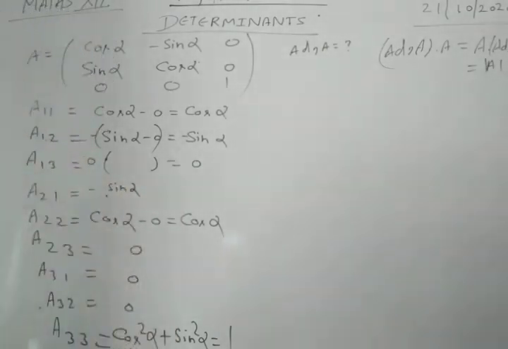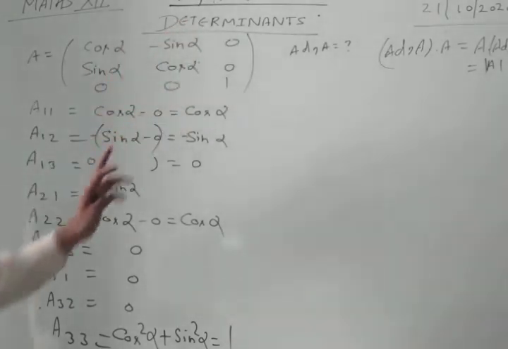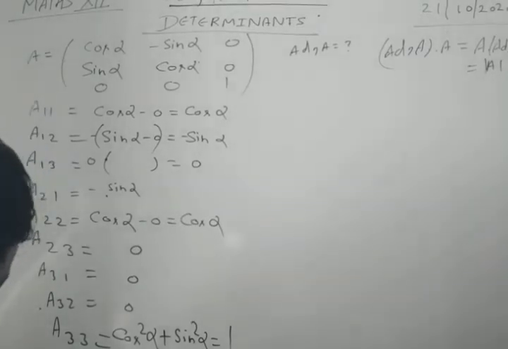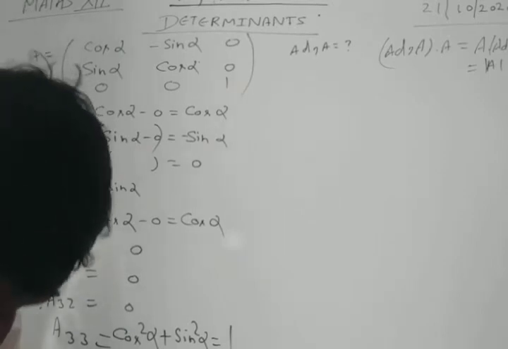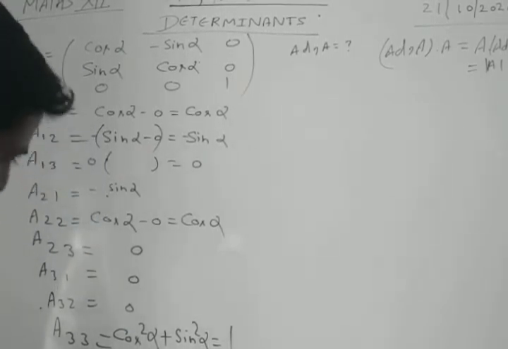And A22 is cos alpha minus 0, so cos alpha. A31 is 0, A32 is 0, and A33 is 1.